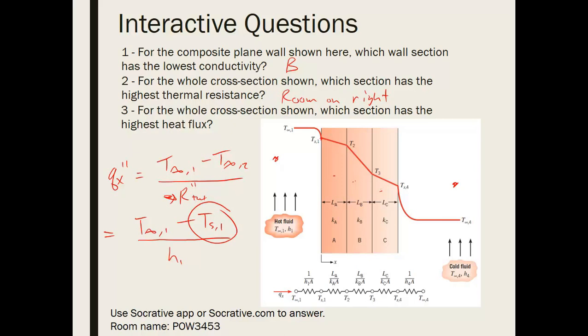You could also set this equal to T_s1 minus T_s2 divided by the conductive thermal resistance, let's call that R_cond1, the one for unit surface area. Once you've found surface temperature 1, you could use this to find surface temperature 2. So you can generate multiple equations and use them to solve for intermediate surface temperatures.